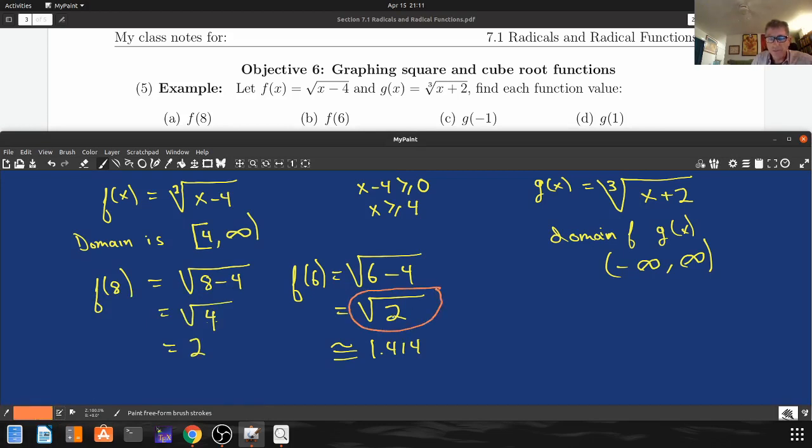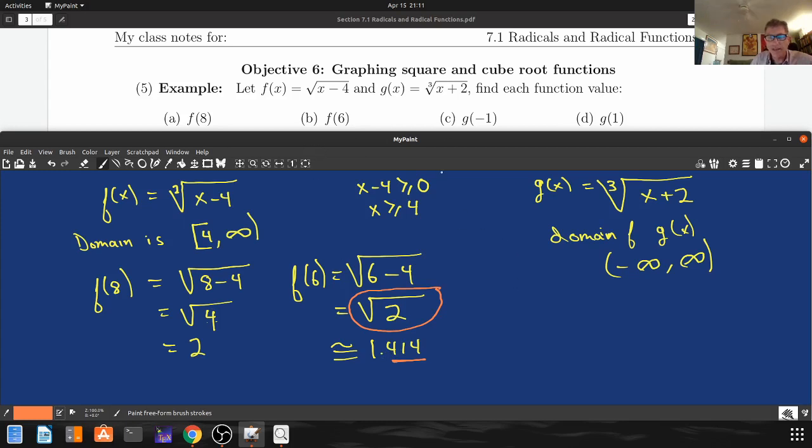The problem with this exact answer is it doesn't help us locate it on the number line. So when you're doing my math lab homework, read what it asks you for. If it wants an exact answer, you have to put this. If it wants an approximate answer, you'll have to grab your calculator. You just need to know to how many places after the decimal they want it.